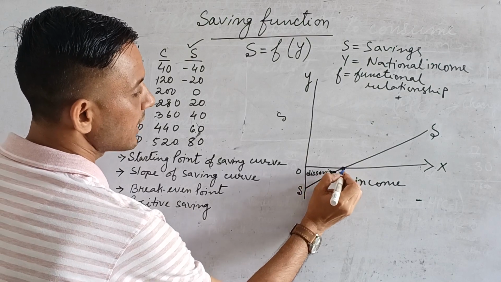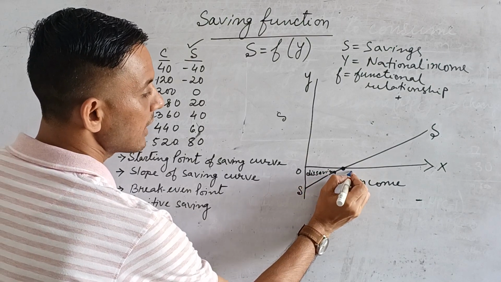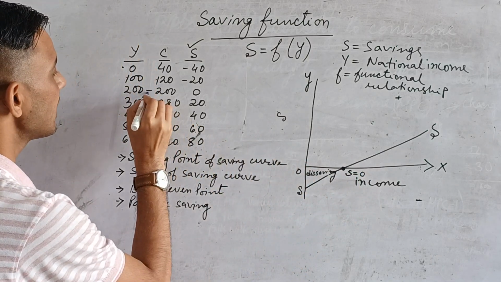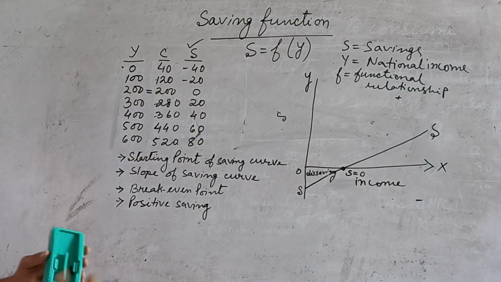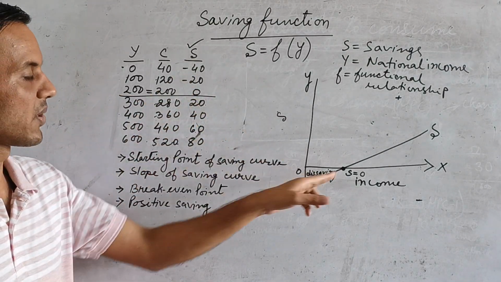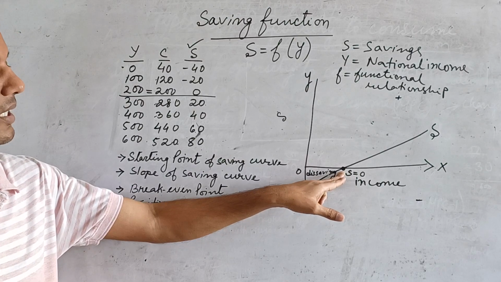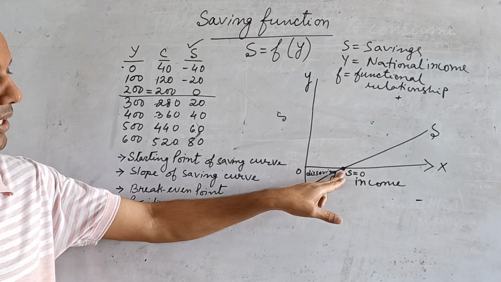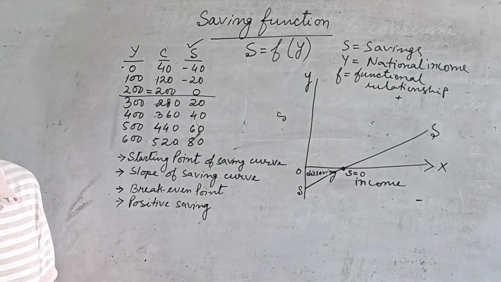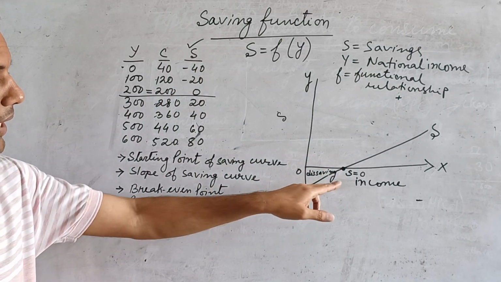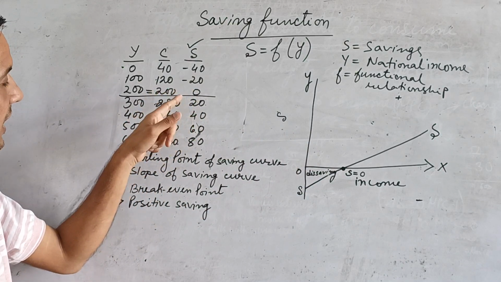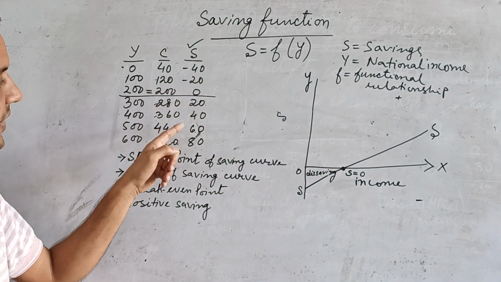And this point is the break-even point, where, as you already know, S is equal to 0. See here, 200 is equal to 200. So savings is 0. This point represents 200 equal to 200, Y is equal to C. So savings is 0. And after they cross this point, you see your savings starts: 20, 40, 60, 80.